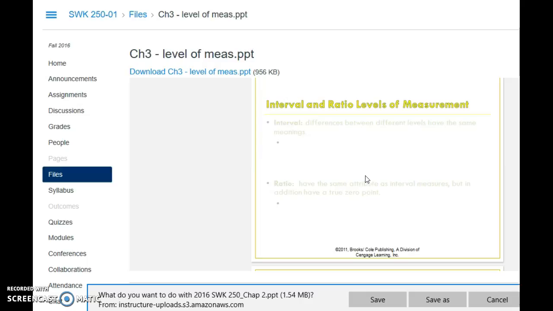Keep in mind that age is not synonymous with interval level data. It's not exclusive. Age can be interval level, but it also can be nominal or ordinal. So I don't want you to think that it can only be explained one way.